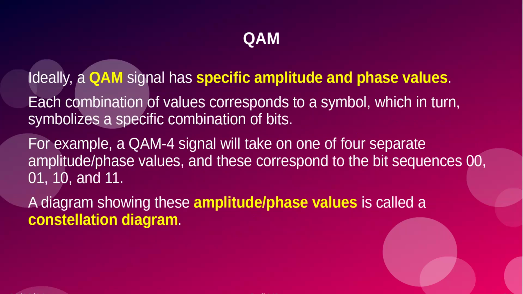So if you have a QAM4, there are 4 separate phases that you're sending: 0, 90, 180, 270. And each of those is a constant or fixed amplitude. That's where this little constellation diagram comes in to represent those.